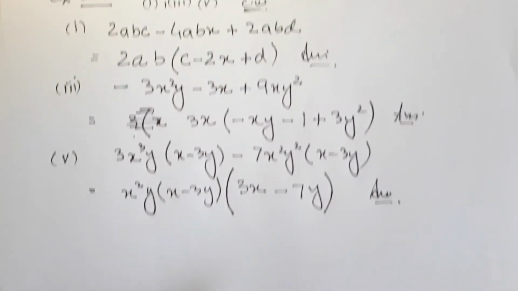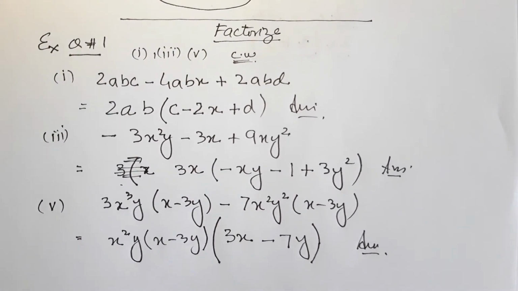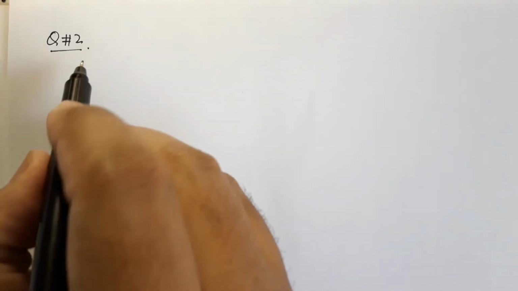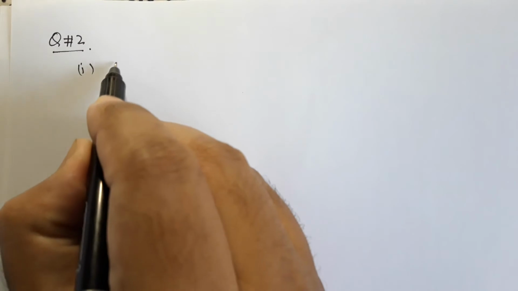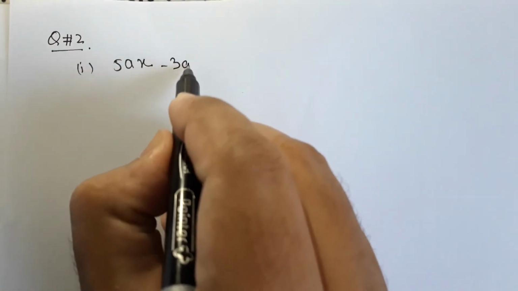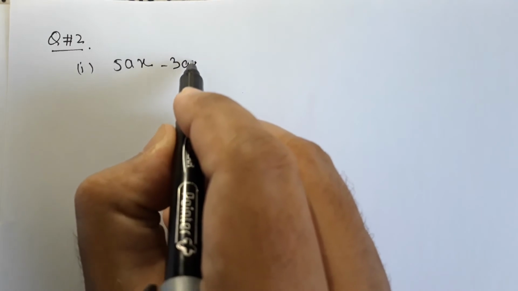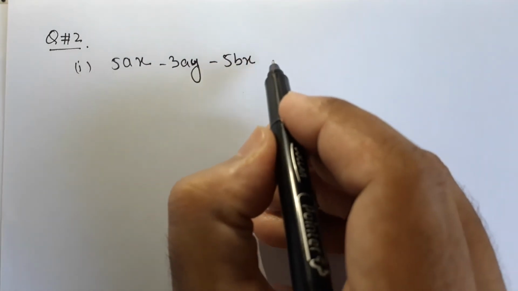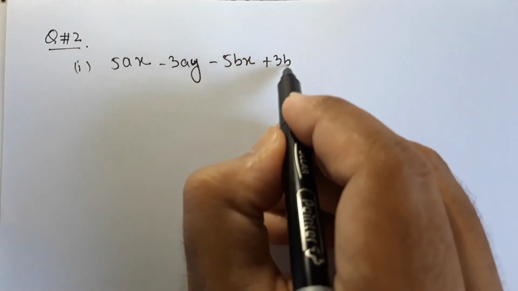This was question number 1, exercise 5.1. Now question number 2, again factorize. The first part is 5ax minus 3ay minus 5bx plus 3by.